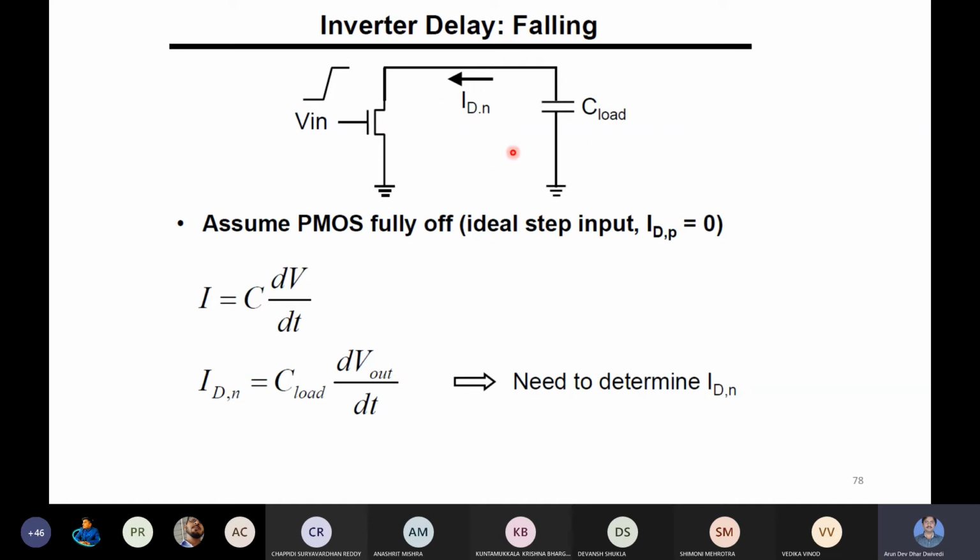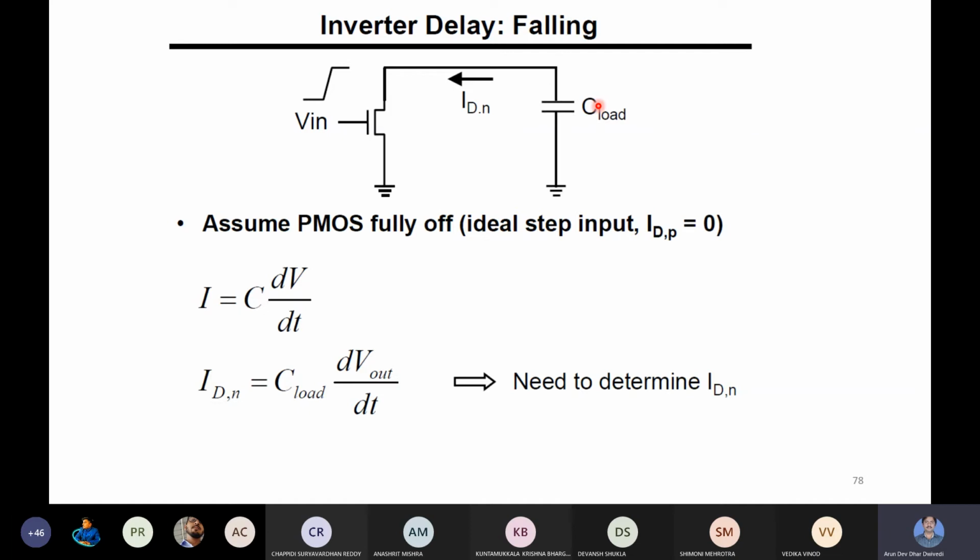This is why it is discharging, because this capacitor is directly connected to this NMOS transistor and ground. Initially we can consider that it is in the saturation region, but when the voltage of the capacitor falls below VDD minus VT, it comes to the linear region.